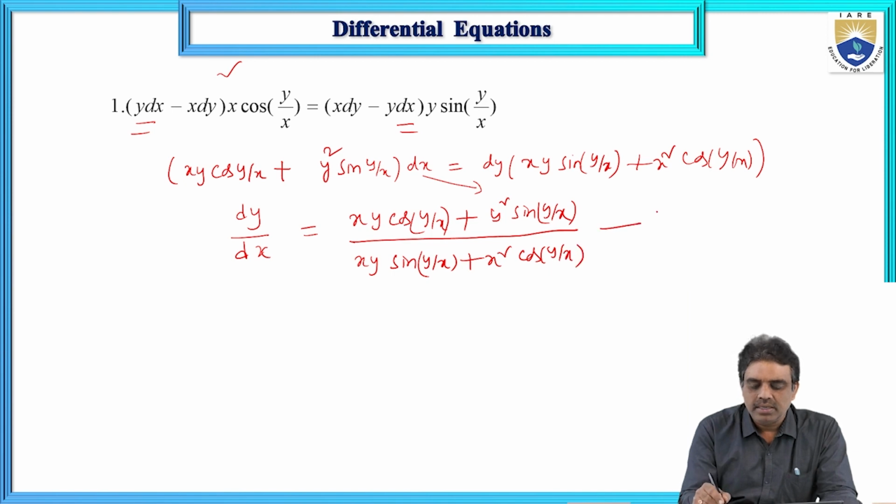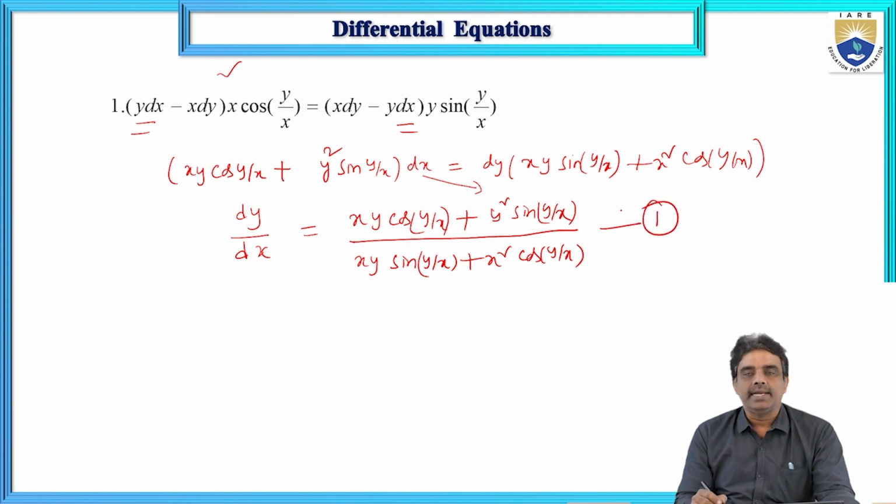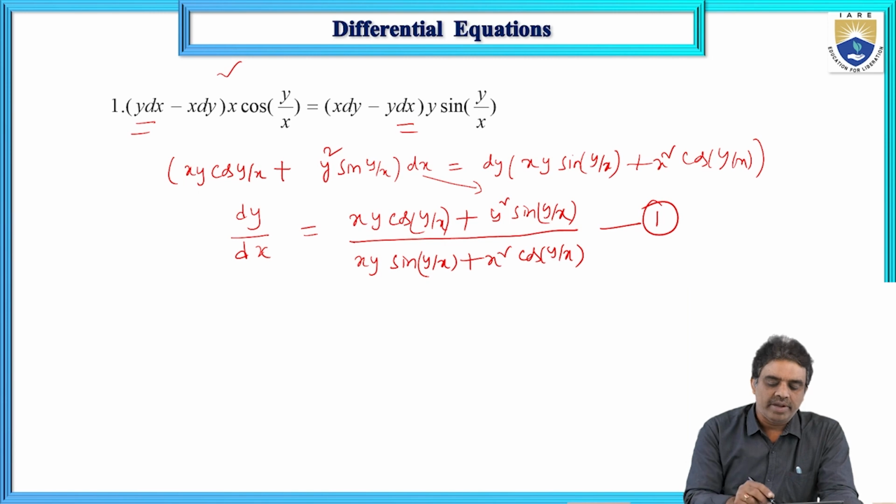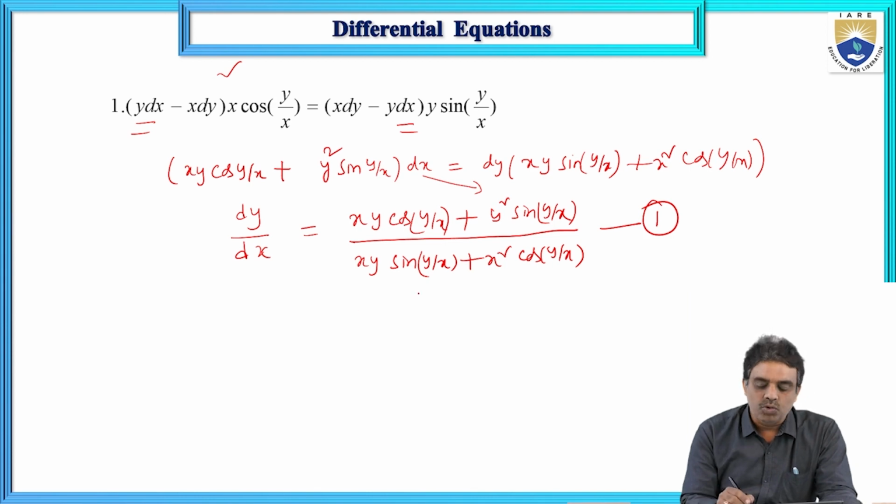So this is the equation. After writing this into the form dy/dx = function of x and y, clearly the right side function is a homogeneous function of degree 0.